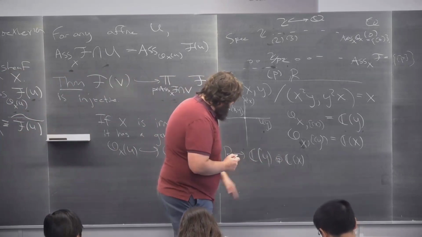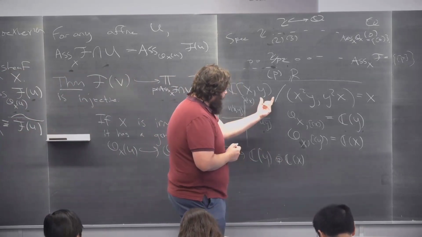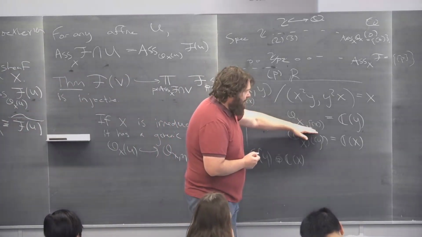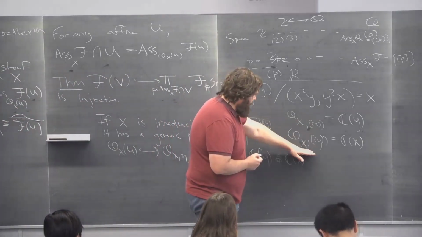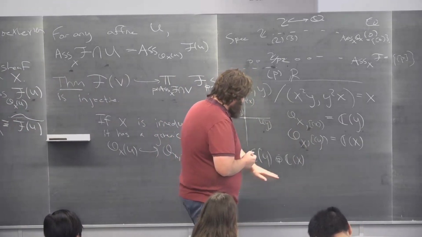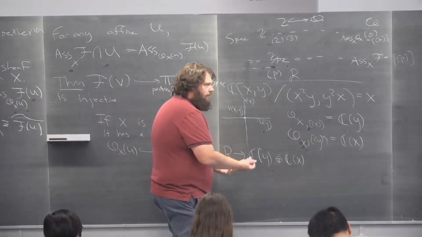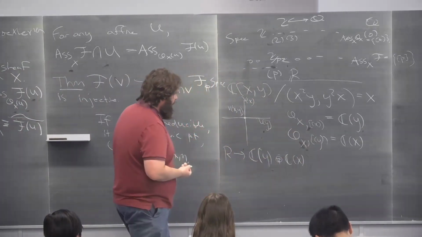This map is, I take an element of this ring. If I'm here, I kill x. If I'm here, I kill y. And I map in here. So xy goes to 0.